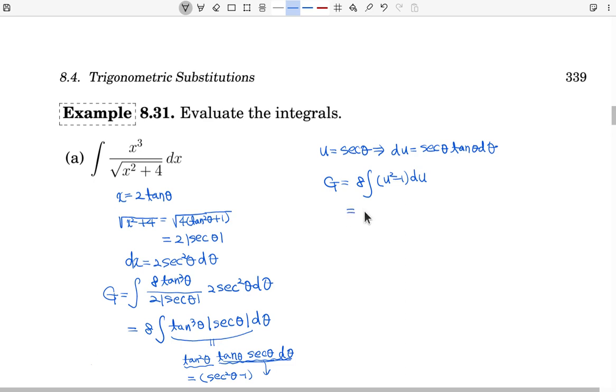So that is 8 times 1/3 u cubed minus u plus c, which is the same as 8 times 1/3 sec theta cubed minus sec theta.